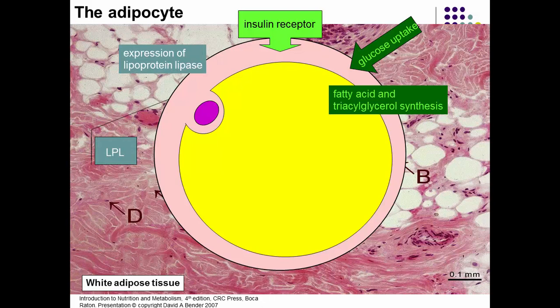And the second important thing is that the adipose cells can also respond to insulin and release LPL, which can hydrolyze the triglyceride in VLDL and release fatty acids, which are picked up by the adipocyte and stored as triglyceride in the adipocyte, right?